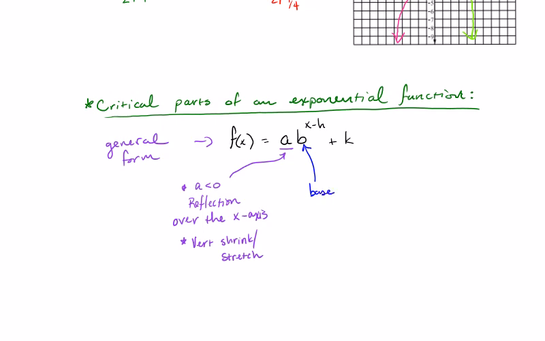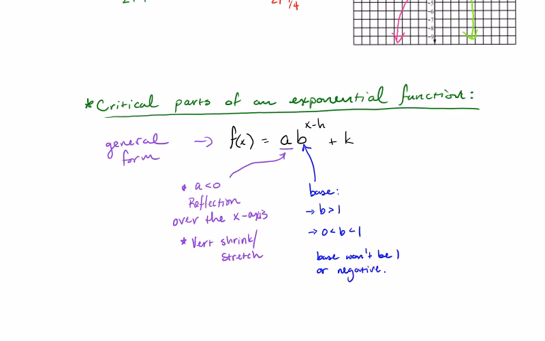And this is what really changes the graph a lot. So sometimes the base will be greater than 1. That's the first scenario. Sometimes the base will be in between 0 and 1. But two things that the base won't be: the base won't be 1 or negative.